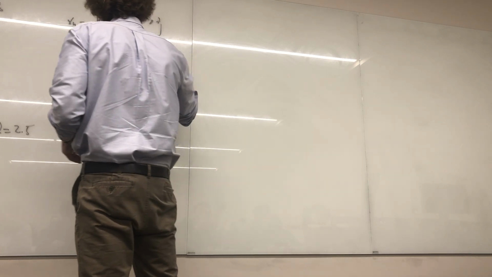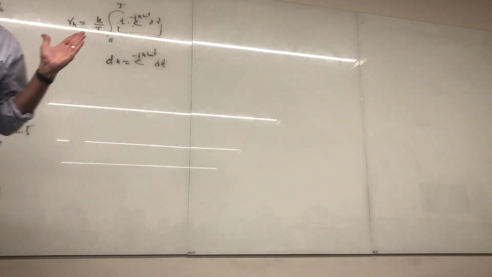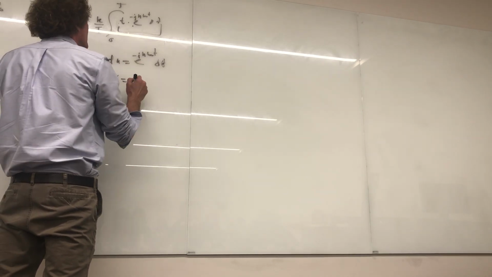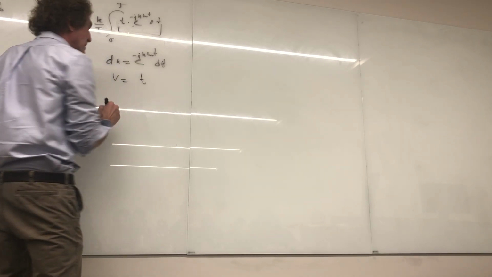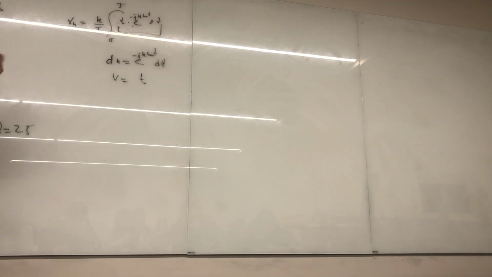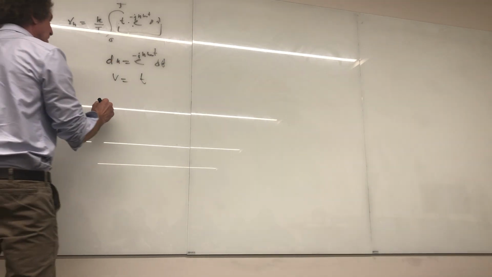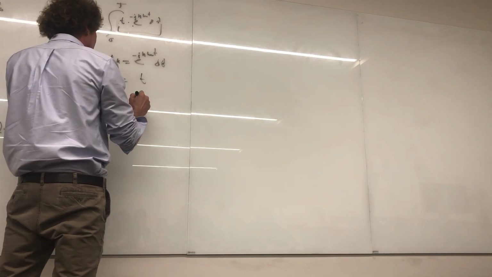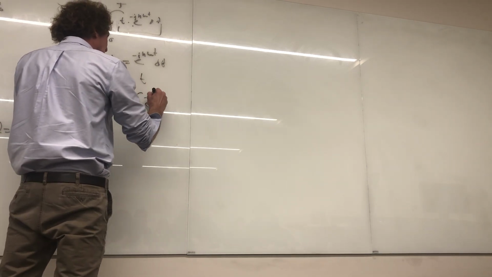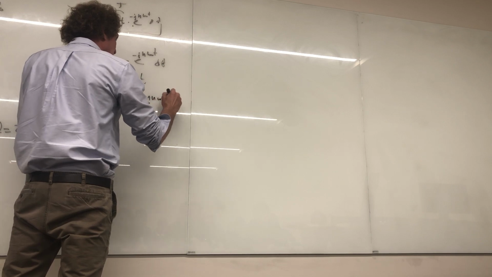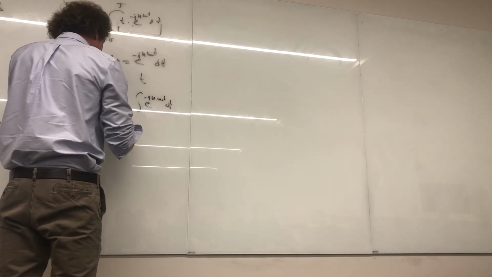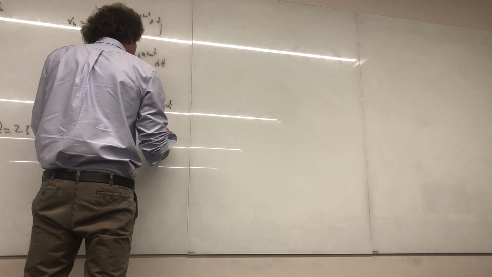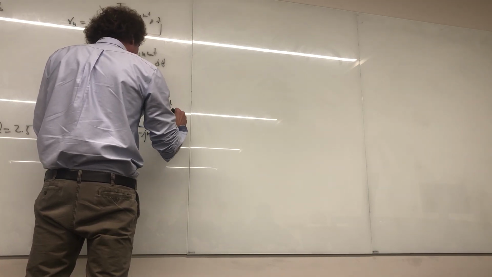Now, how many got to this point where that's the differential dv, right? Then what is u going to be? u is going to be t, right? Now you go ahead and you complete what you need. When I integrate to get v, I have to integrate e to the minus jn omega naught t dt, and that means v becomes simply 1 over minus jn omega naught times e to the minus jn omega naught t.